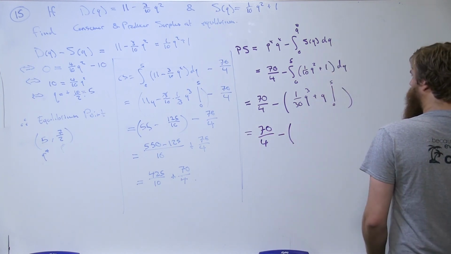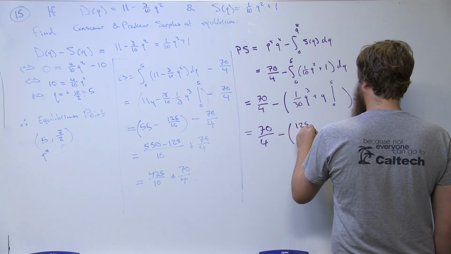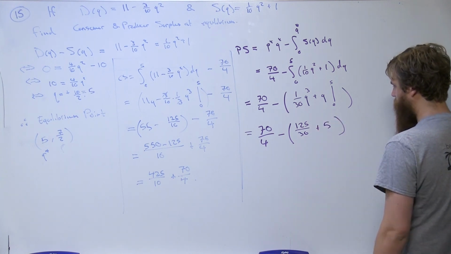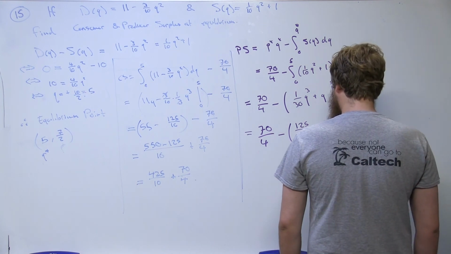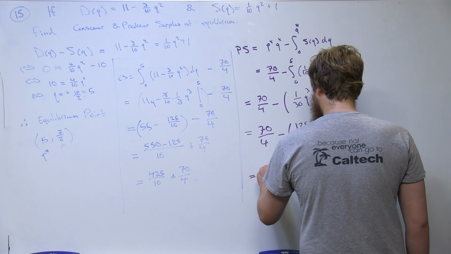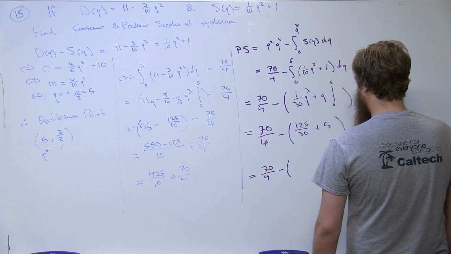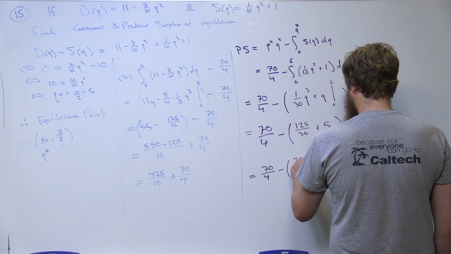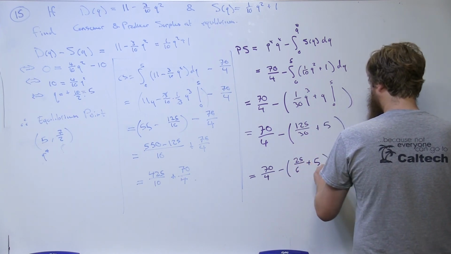Again, the lower limit contributes nothing, the upper limit gives us everything, so we'll have 125 over 30 plus 5. Now 125 isn't divisible by 30, but it is divisible by 5. So we can reduce this to 25 over 6 plus 5.